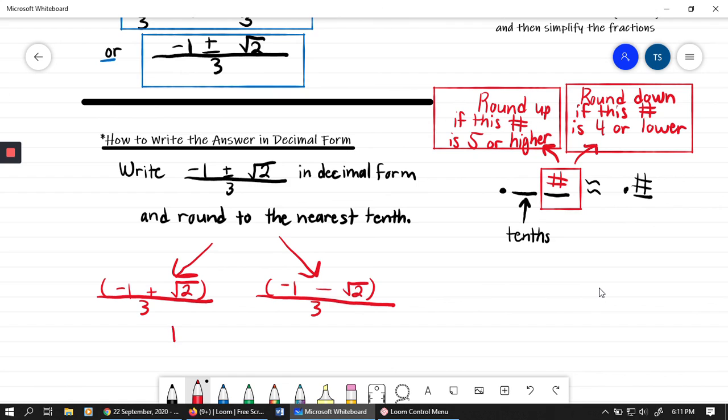So the square root of 2 is something like 1.41-ish, okay?